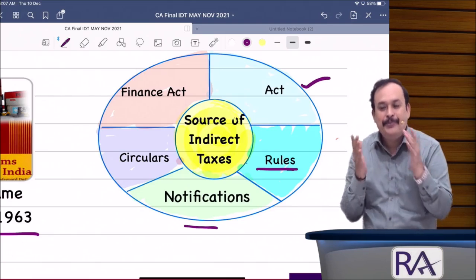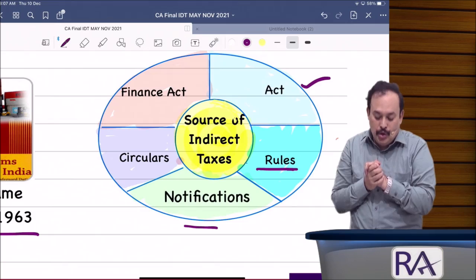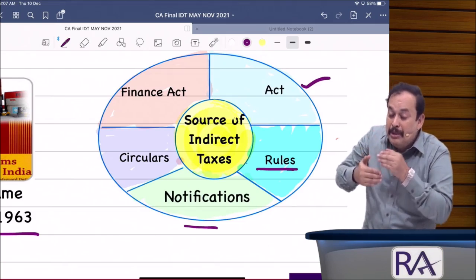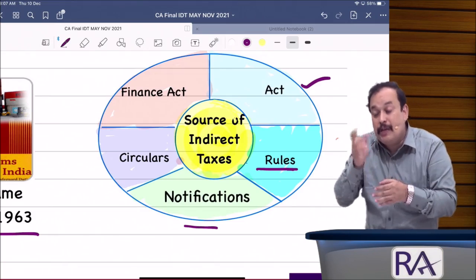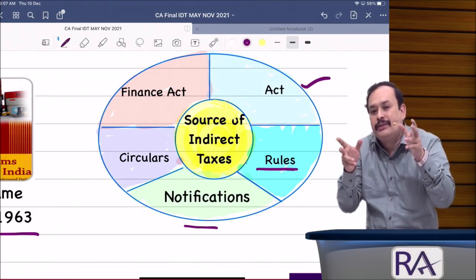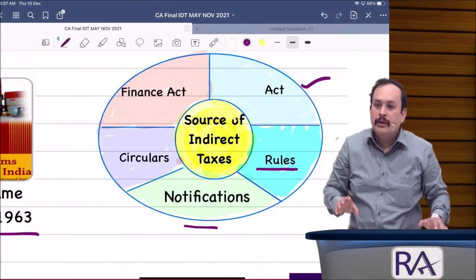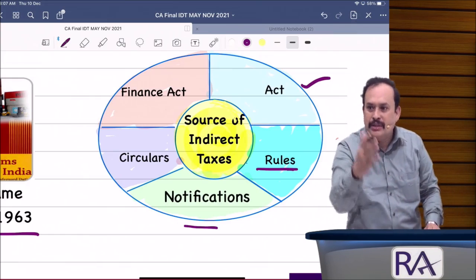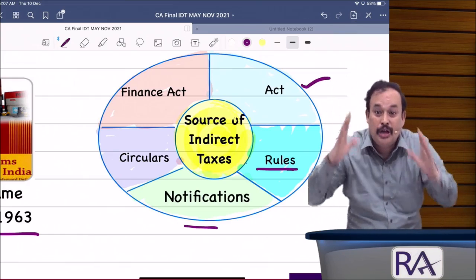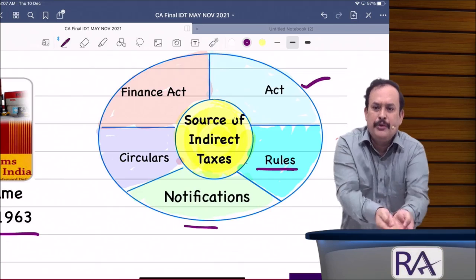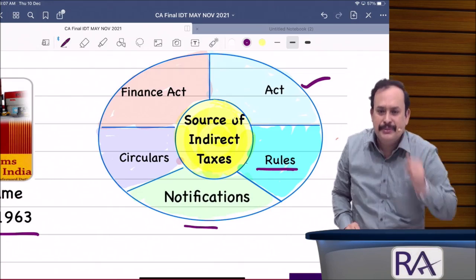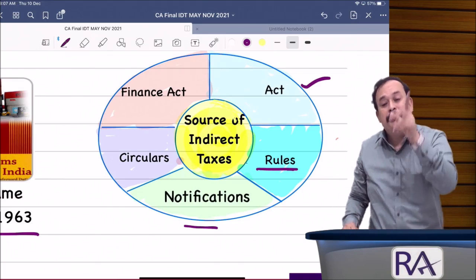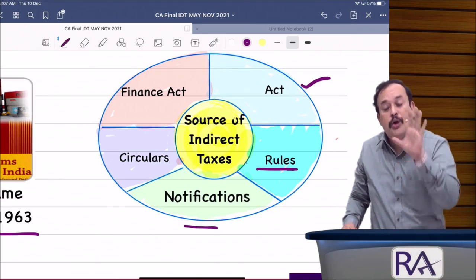Got the clarity? Now, once the notification has been issued, while implementing that provision, there may be practical difficulties. Well possible, yes or no? Even take e-invoice, which is newly introduced. Many of them do not know what e-invoice means, because it is the latest provision, introduced only a few days before. What do you mean by e-invoice? For whom is it applicable?